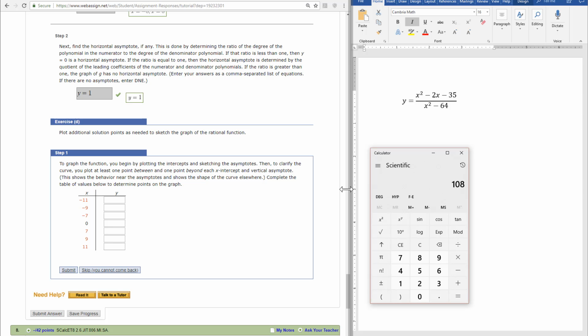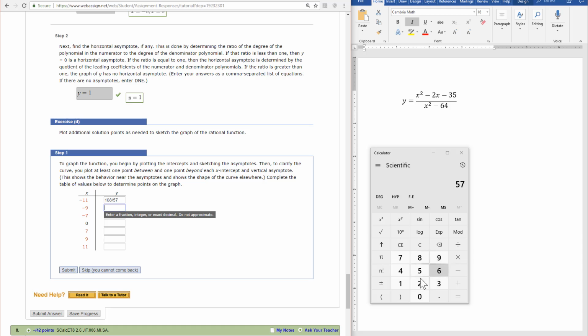So it's going to be 108. That's the numerator. We're going to divide by 121 minus 64, and 121 minus 64 is 57. They say enter a fraction, do not approximate, so we'll just leave it like that.